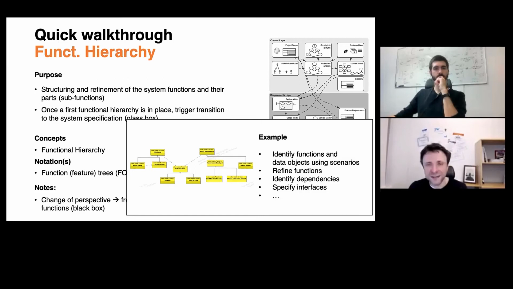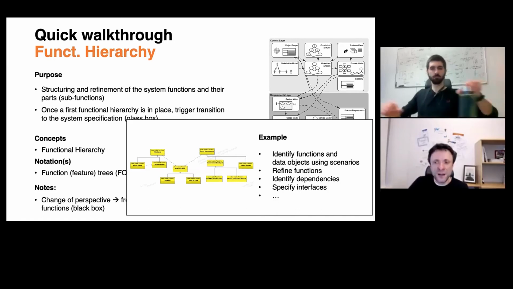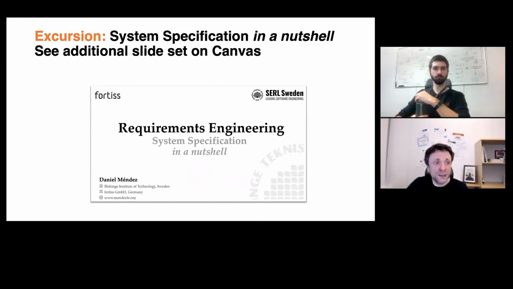So this is the last time we will be talking about functional hierarchies, because they are clearly in scope of fostering the transition into the solution space. It's good to have heard what it is, but it's outside of the scope of this course. Now, in this context, I've created a small additional slide set.